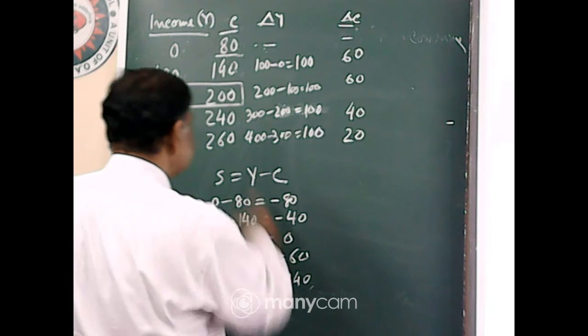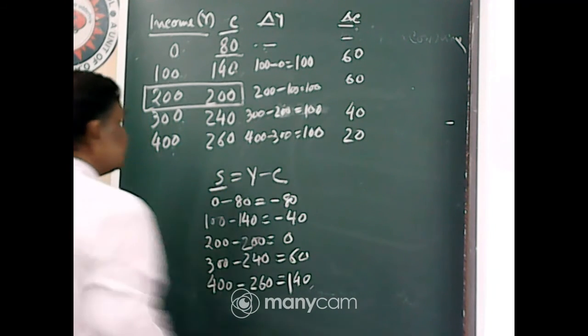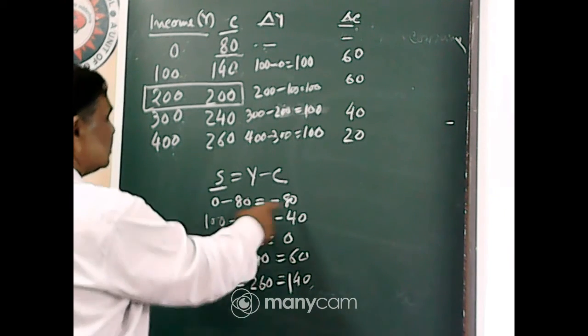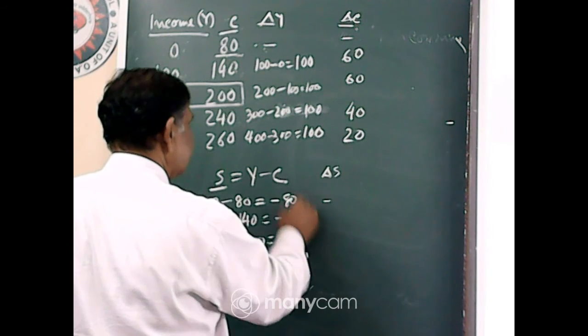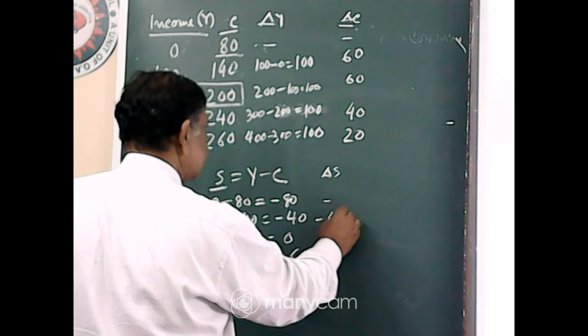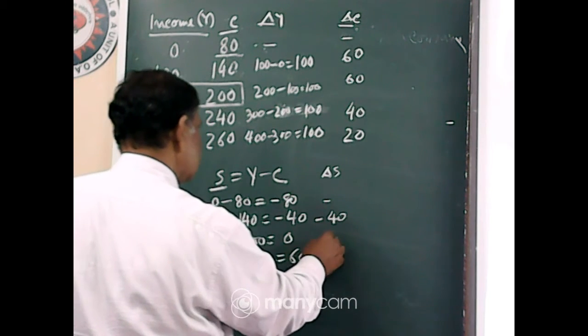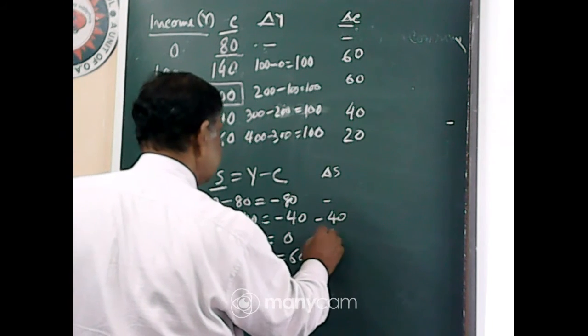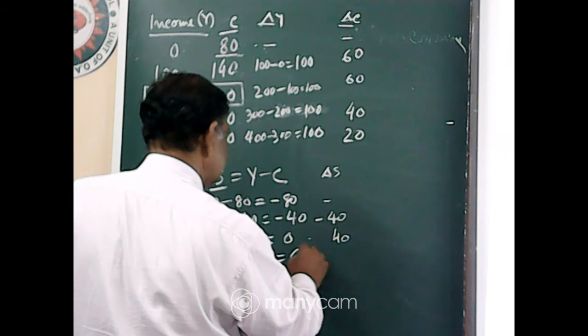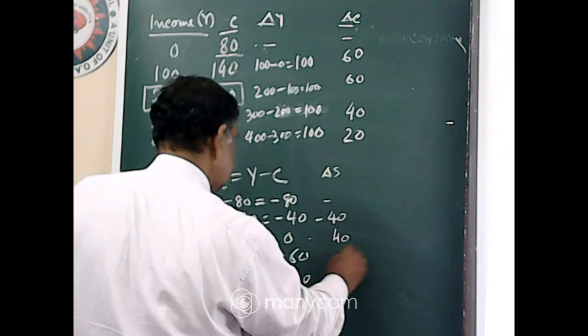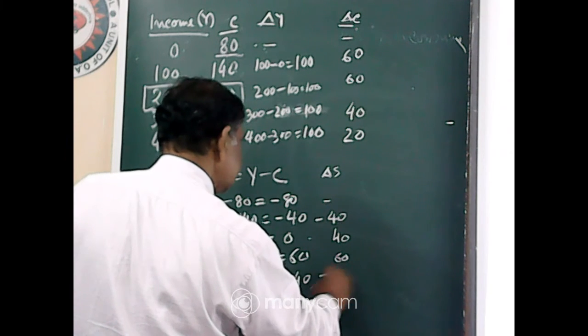So this is S, and delta S, this is nothing. Then minus 40 minus minus 80 is equal to plus 40, then this minus this 60, and this minus this 80.